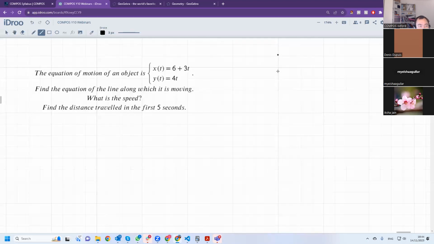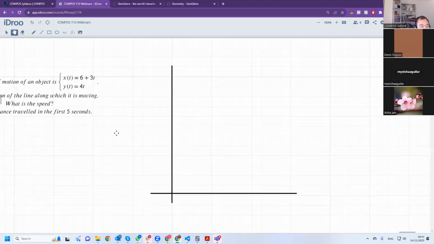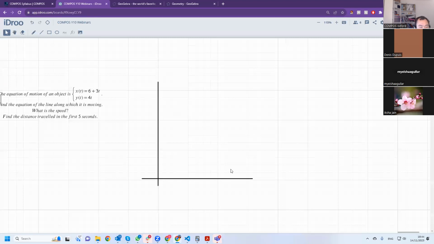Okay, so let's have a look. We can draw a graph, but this is not a time graph. This is an XY graph.